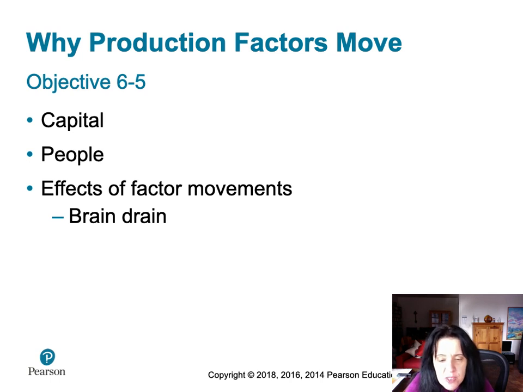So countries receiving productive human resources also incur costs by providing social services and acculturating people to a new language and society, hence the assimilation costs and so forth. Okay?